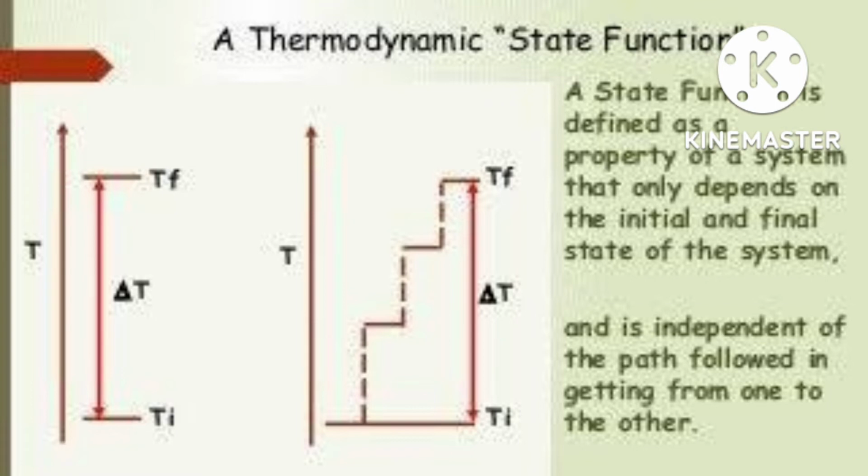An adiabatic process is a process in which there is no transfer of heat between the system and surroundings. Here the wall separating the system and the surroundings is called the adiabatic wall. Now we have understood what the adiabatic wall is. Again, an adiabatic process is a process in which there is no transfer of heat between the system and surroundings.